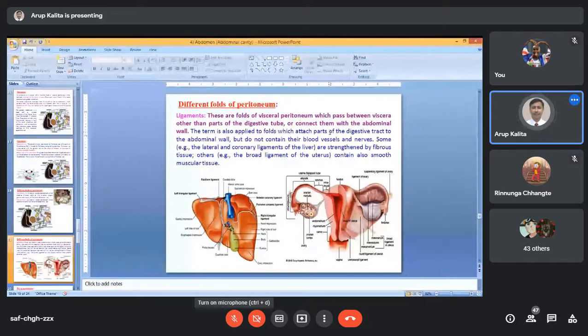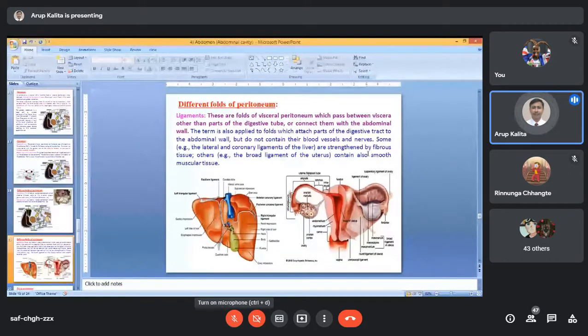That means what will it be? It is a double fold of peritoneum. It will connect the viscera, not the digestive tube, other viscera, and connect to the abdominal wall, not only the dorsal abdominal wall. I am telling abdominal wall. It may be lateral abdominal wall, it may be dorsal abdominal wall, it may be ventral abdominal wall.